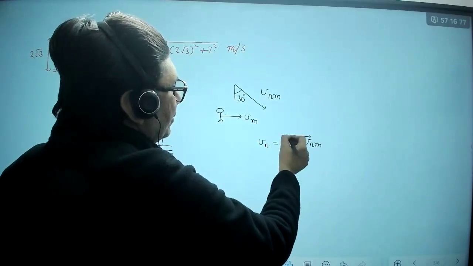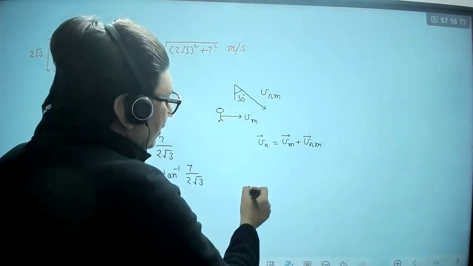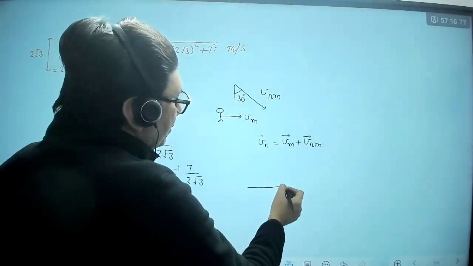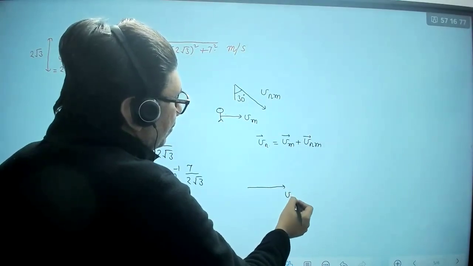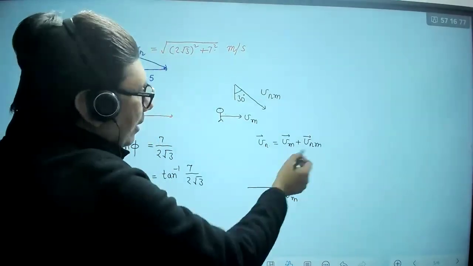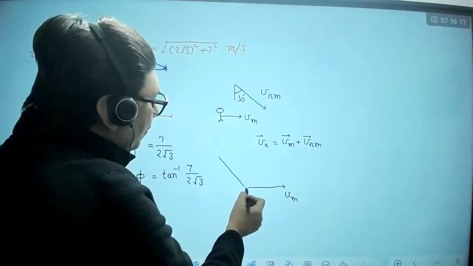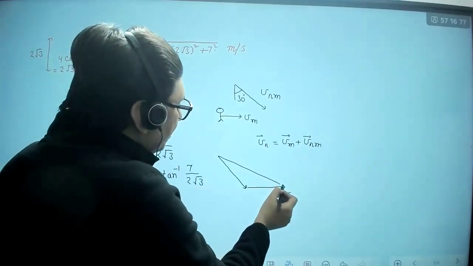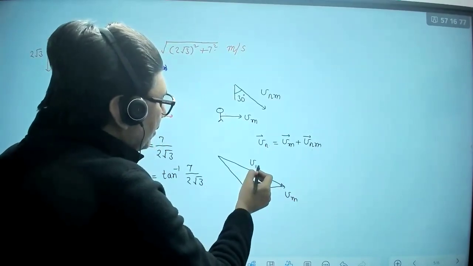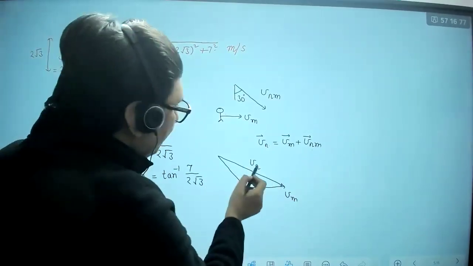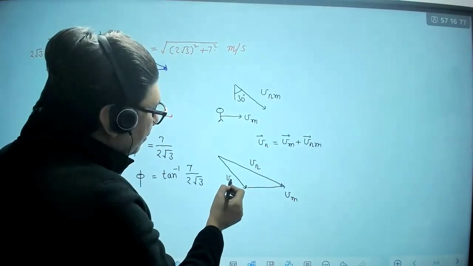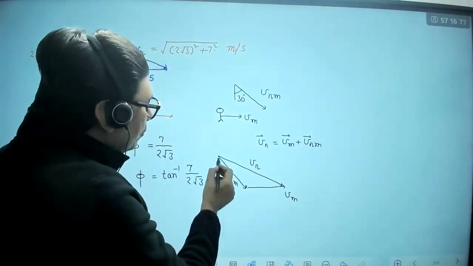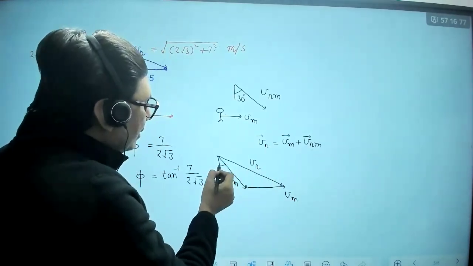Create this type of vector situation. So VM is here. I have to add VRM, which you can draw, and this will be VR. This angle is 30 degree.